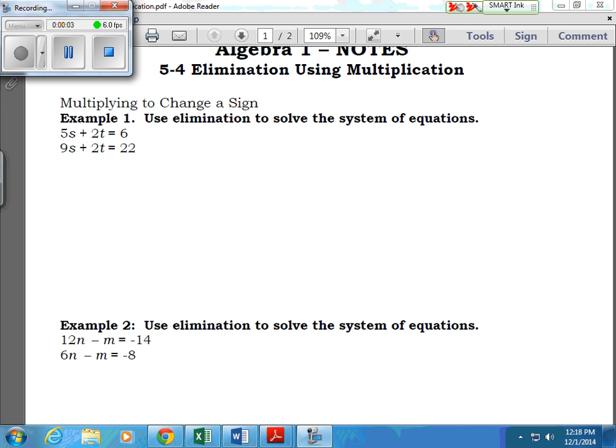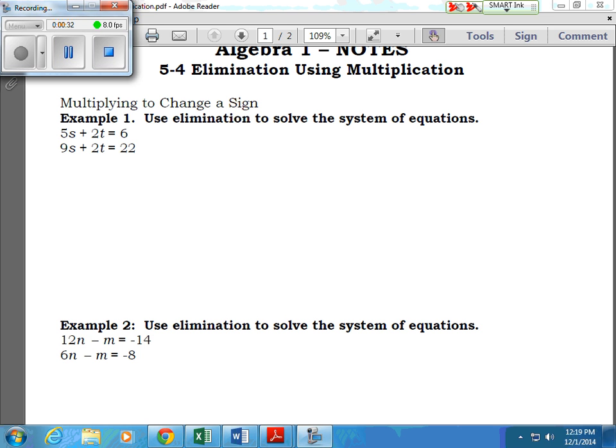As we continue with the elimination method for solving a system of equations, we looked at ways we could add the equations or combine the equations together to get one of the two variables to drop out. But the problems we worked with yesterday all had a variable that would already drop out.